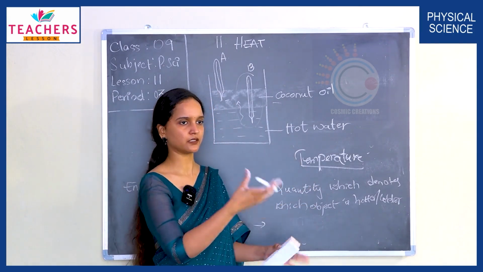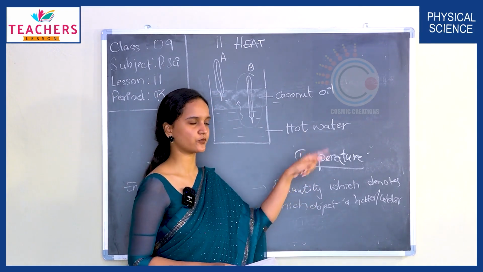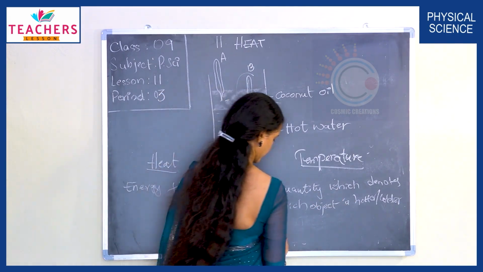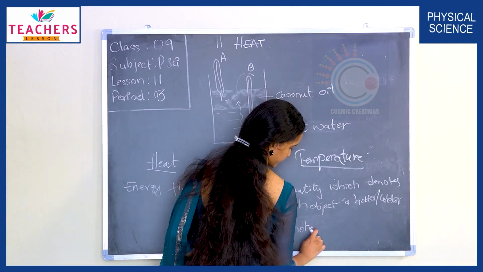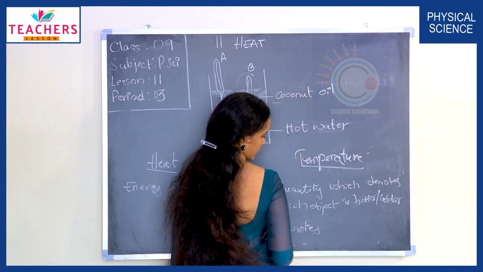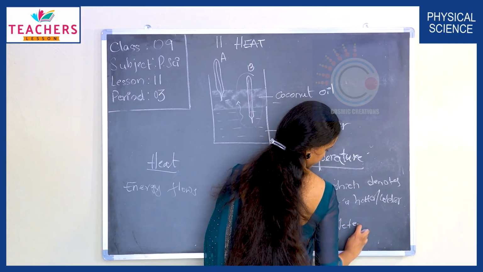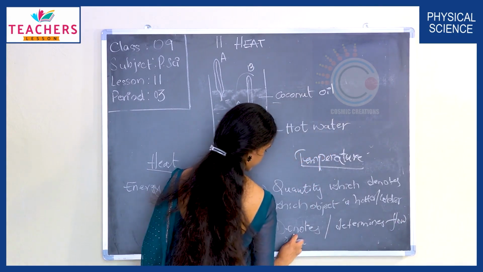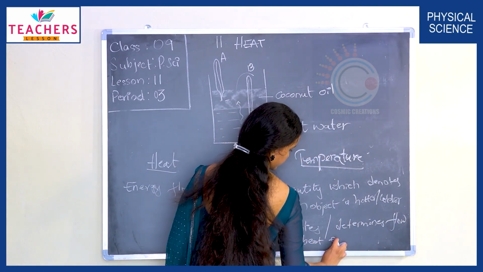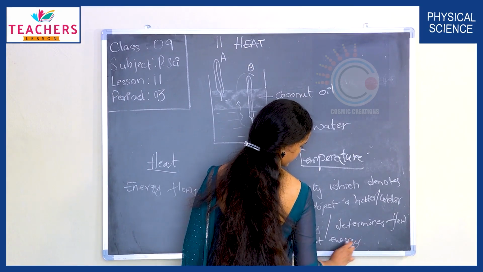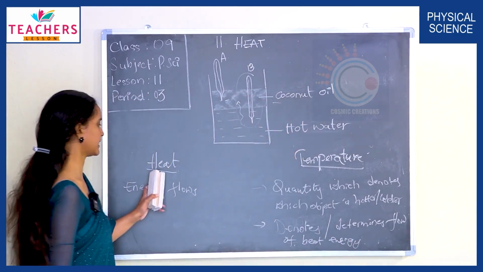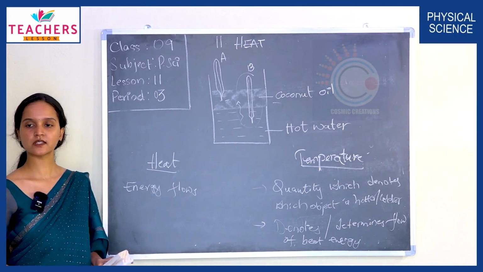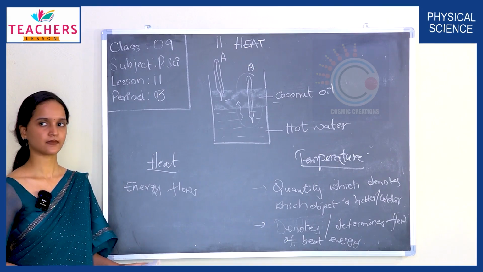This is the quantity which determines the flow of heat energy, because heat is the energy which flows from a hotter object to a colder object due to temperature difference. So temperature determines the flow of heat energy, whereas heat is nothing but energy which is in transit, which is in motion. Any doubts so far? No. Okay.